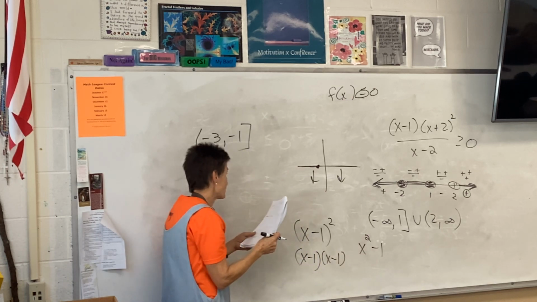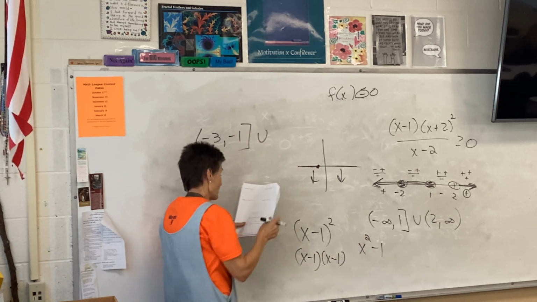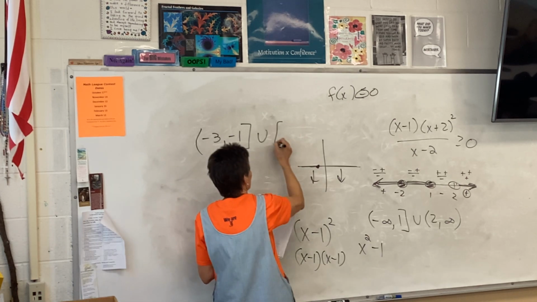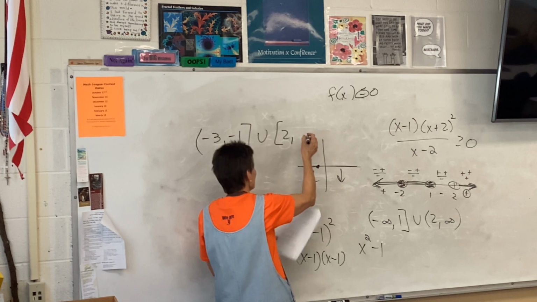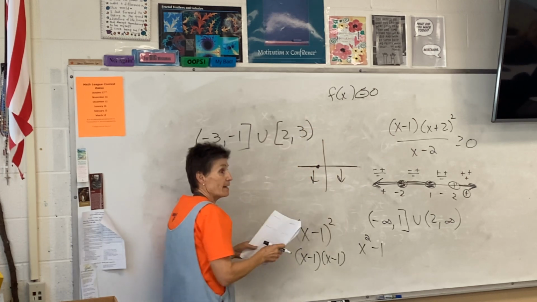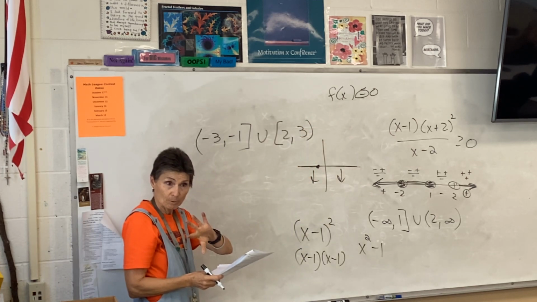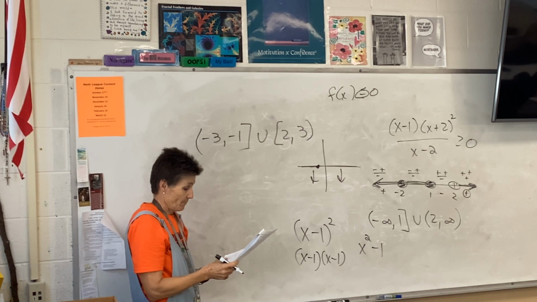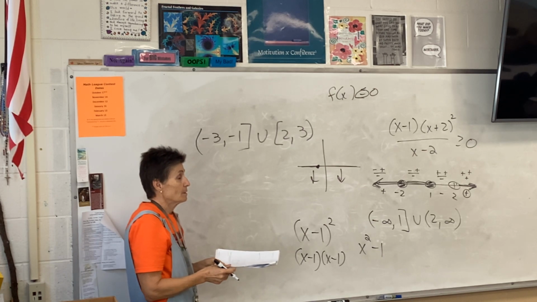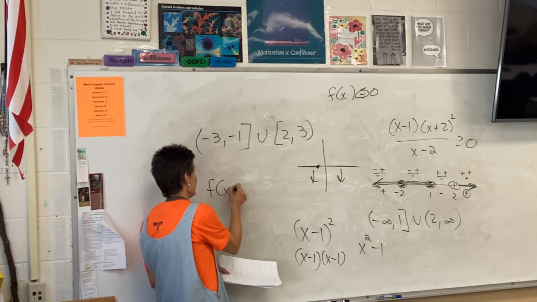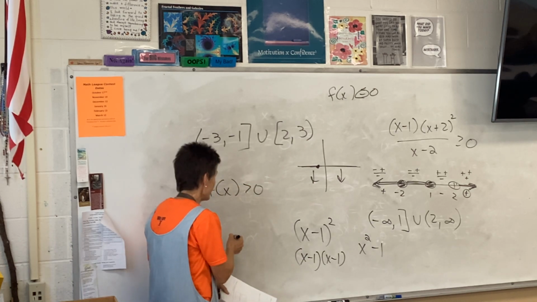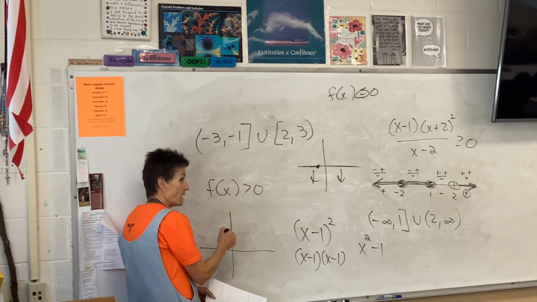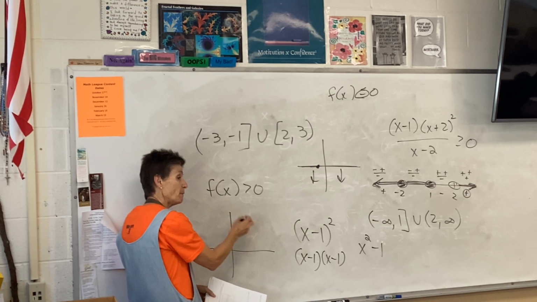All right, where else? Is there anywhere else that we are negative? From 2 to 3. And again, I'll use a bracket at 2 and a parentheses at 3. What does B mean, f of x greater than 0? That means anything up here, not including the axis, has to be above.